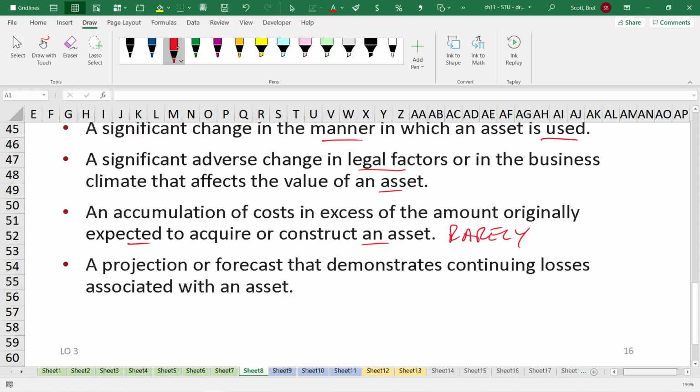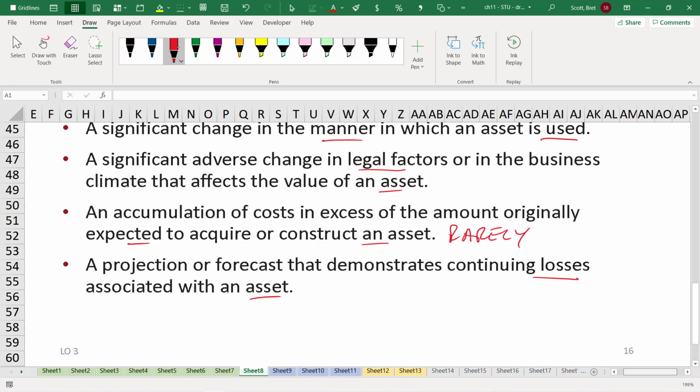So don't worry so much about that one. A projection or forecast that demonstrates continuing losses associated with an asset. Yeah, we can continue to drive our vehicles, our buses, our vans to drive around packages, but the cost of operating those vehicles outweighs the revenue derived from delivering the packages.